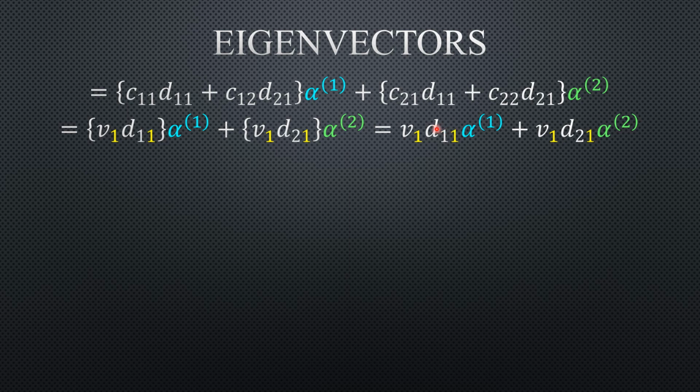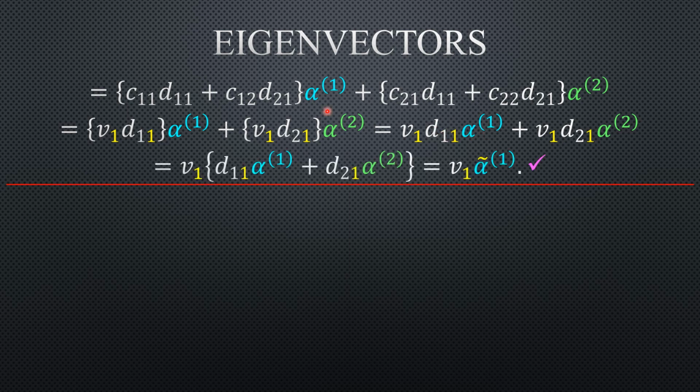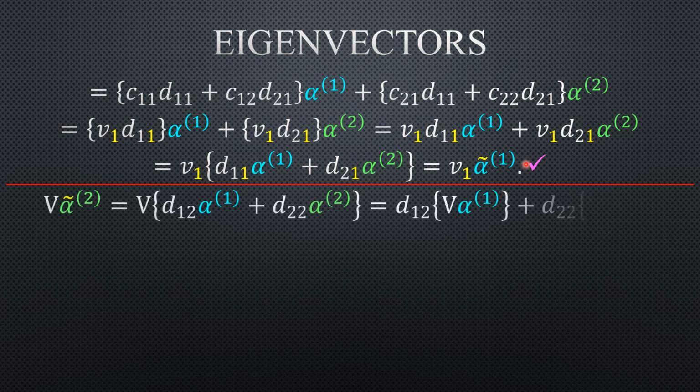From here, we'll go ahead and rearrange. Factor out the V1 from both terms. That leaves us with D11 alpha 1, D21 alpha 2, which gives us back the original vector definition with some scale factor. So since it's just a singular scale factor, we're good to go, and we satisfy the requirements for an eigenvector with this eigenvalue.